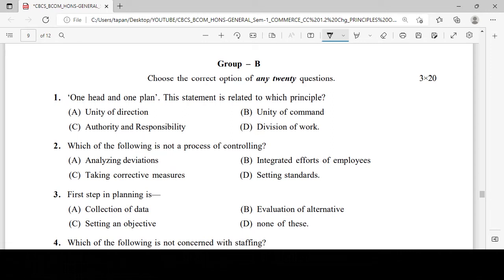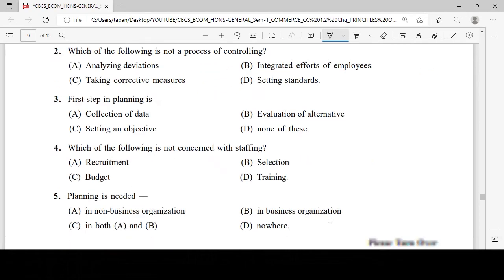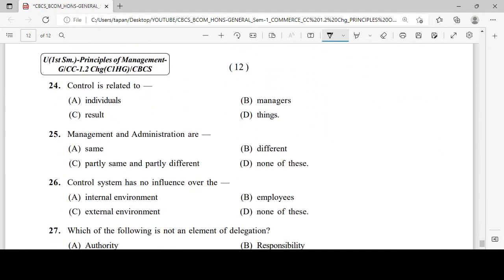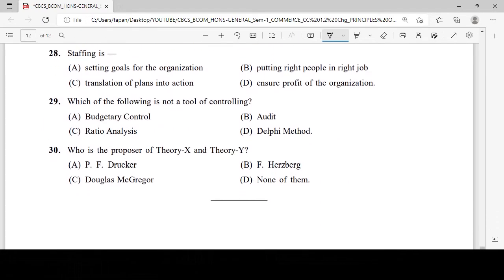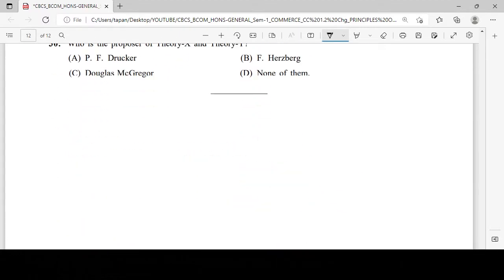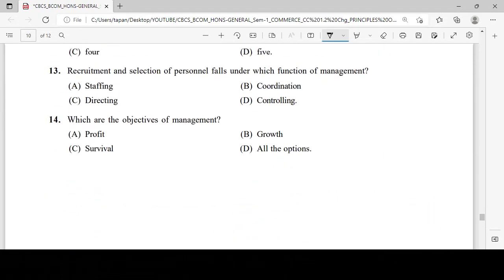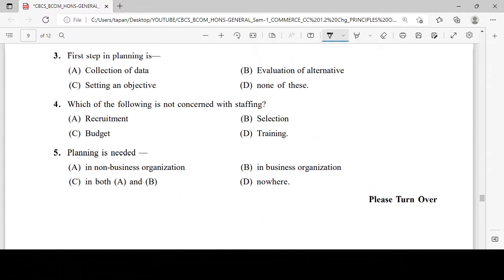In group B, there are 30 questions and you have to answer only 20 questions.